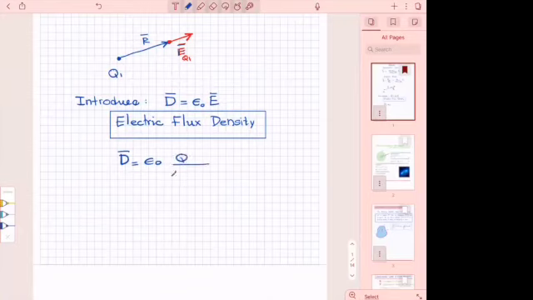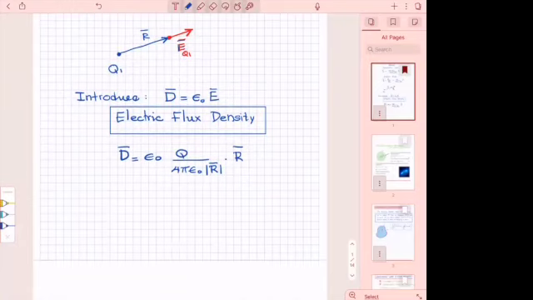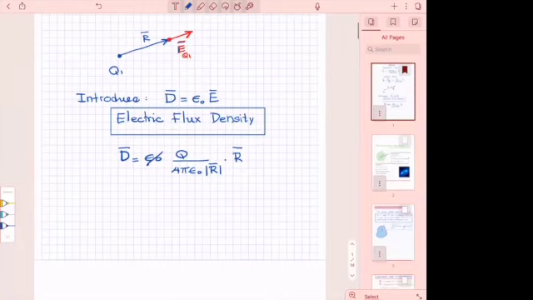And then we have 4 pi epsilon naught R squared times the unit vector R. And assuming that the Q is this one, instead of Q1, then practically you have that expression for the electric flux density from a charge Q.